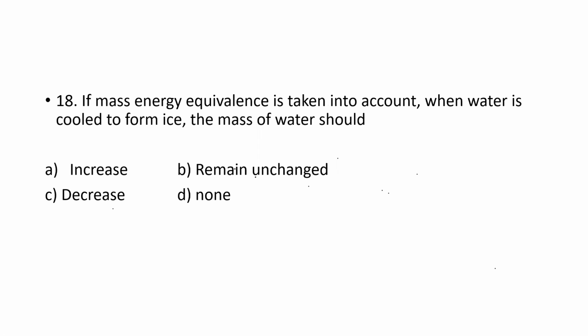By considering that when water is cooled to form ice, the mass of water should, so what happens to the mass of water? See here, when water is cooled at 0 degree Celsius to form ice, then 80 calorie per gram energy is released, right? So when it is cooled at 0 degree Celsius, 80 calorie per gram energy is released because potential energy of the molecules decreases.